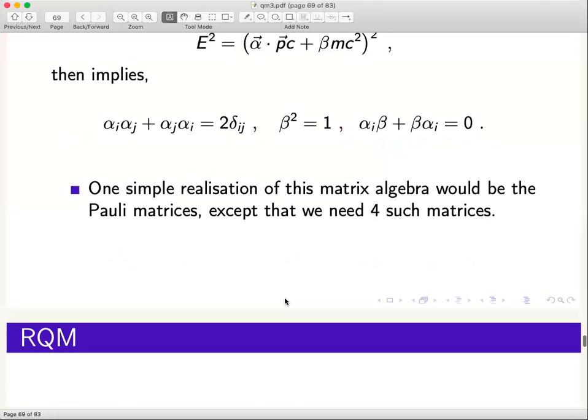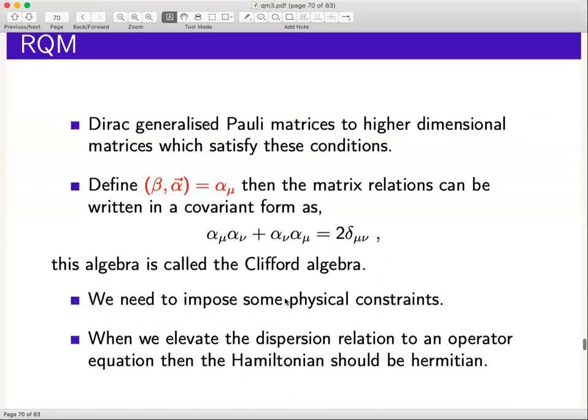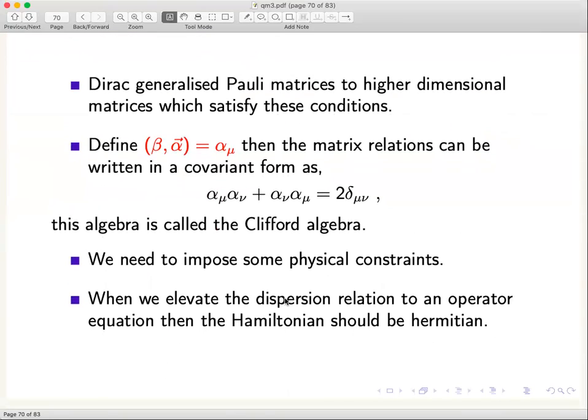If there are no questions, let's go ahead. So Dirac generalized the Pauli matrices to higher dimensional matrices, which would satisfy the conditions that we looked at. To be able to do that, let's write them in a little more covariant form. Although this is not the best form that we would want to look at, nevertheless, let's write them right now in this form.